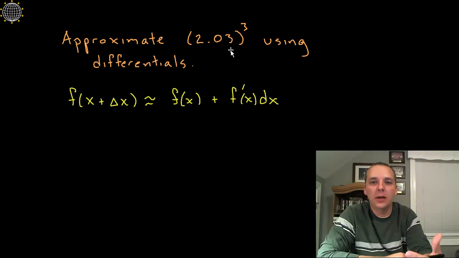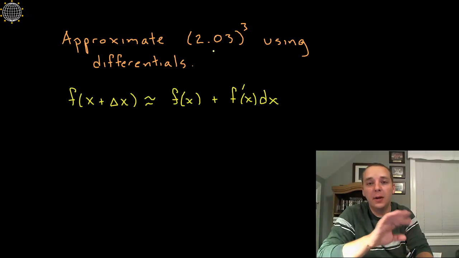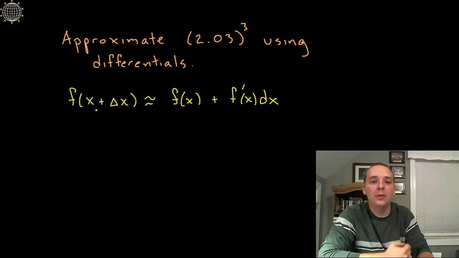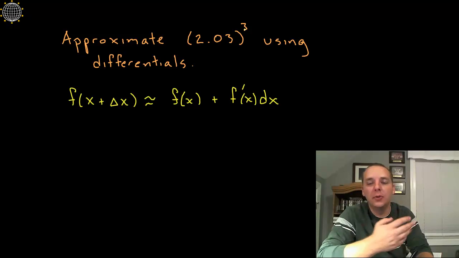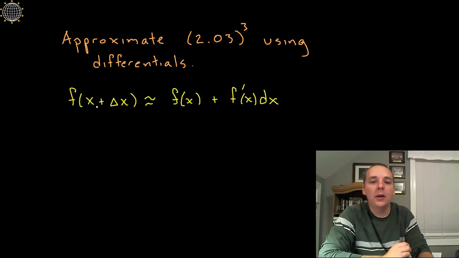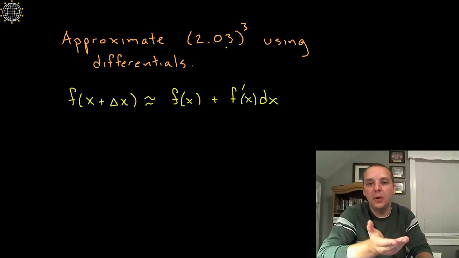So without going through a lot of detail, what we saw was that if you want to evaluate a function at an ugly x value, which is x plus some change in x, where x is a nice x value, maybe like 2, it would be better if that 0.03 wasn't there. We would rather do 2 cubed, not 2.03 cubed, but evaluated at x plus some change in x, in this case 0.03.